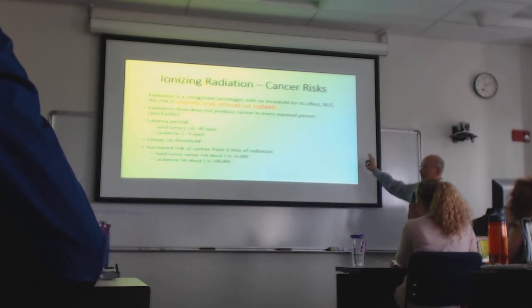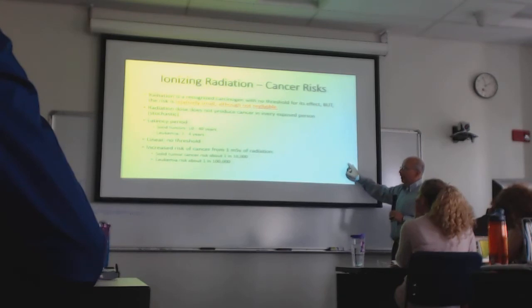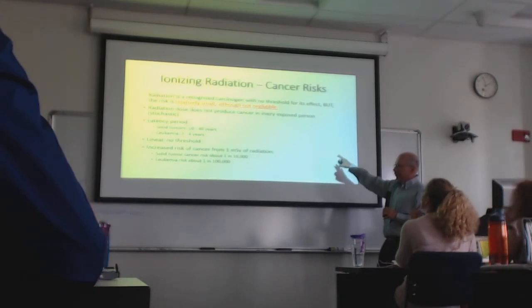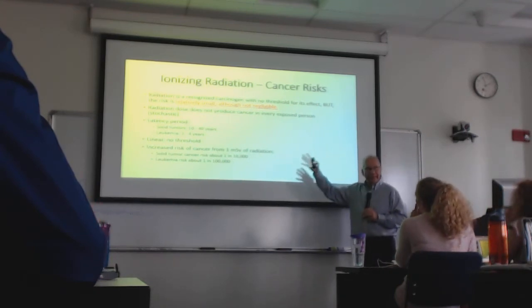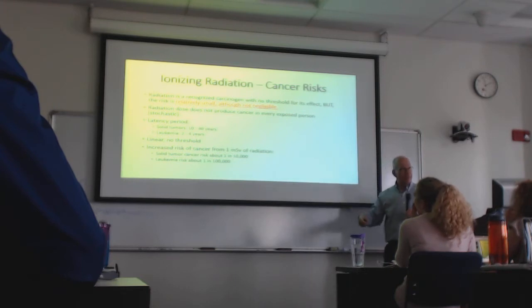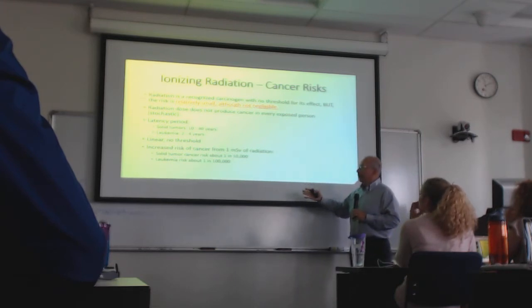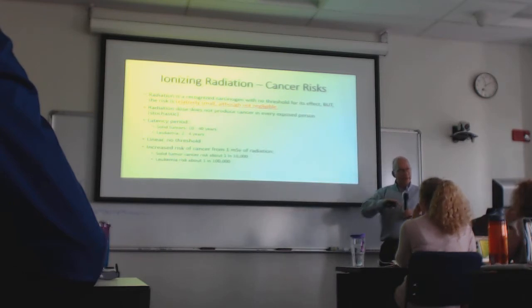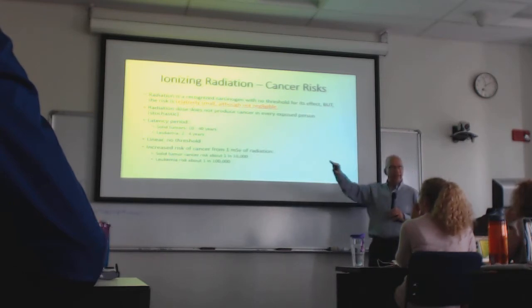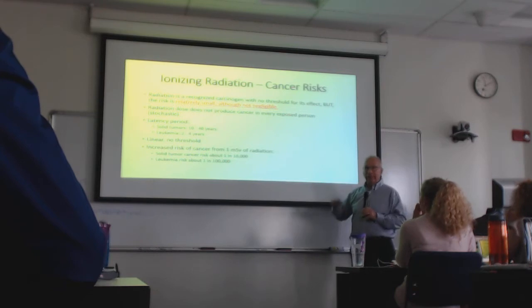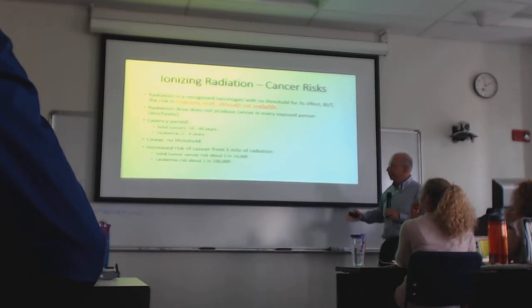As I said, radiation does not produce cancer in every person. There is a latency period for leukemias. Blood cancers tend to come on a little faster than solid organ tumors. There's essentially a linear relationship between dose and risk, but again, we don't know exactly who's going to get it.